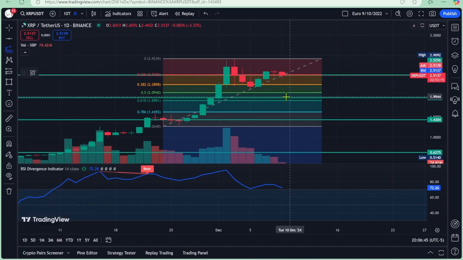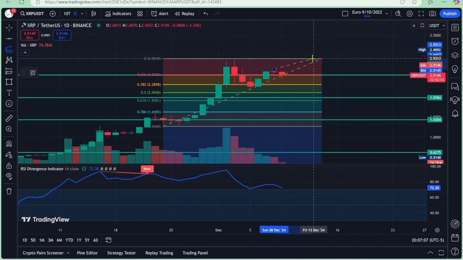Let's say the price goes from where it is now down to here. So let's say price goes from here down to this bar here. Okay, let's do it the other way around.